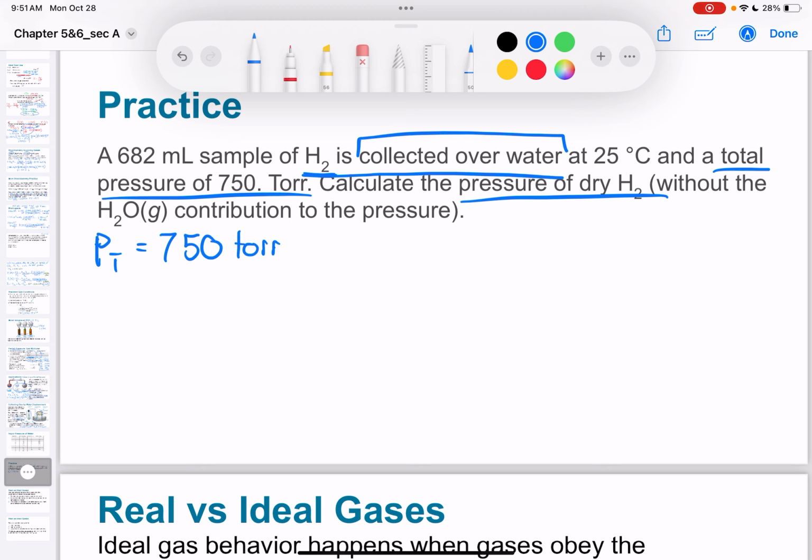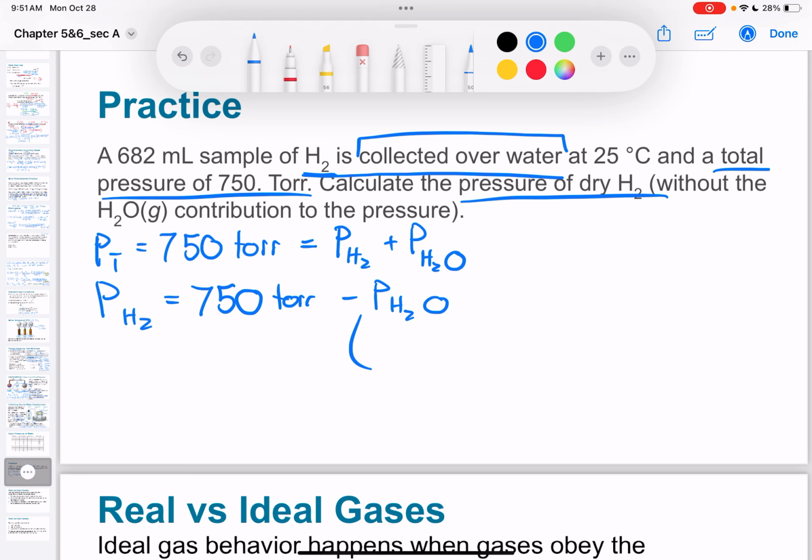But remember, that is the pressure of the hydrogen plus the pressure of the water. So if we want to find the pressure of the hydrogen, we need to take that 750 torr and subtract the pressure of the water.